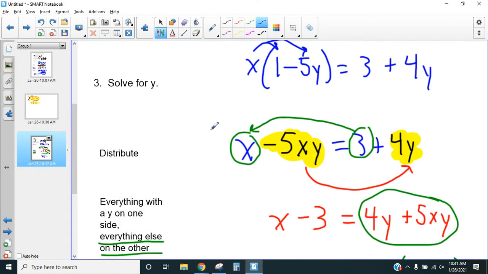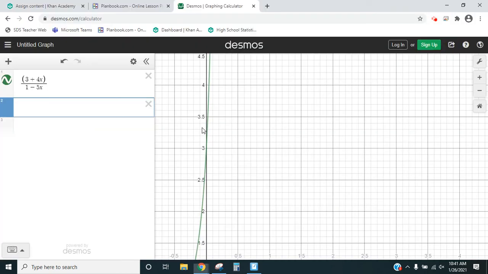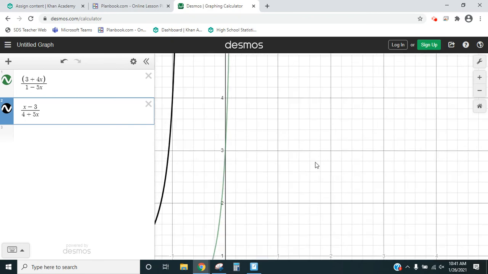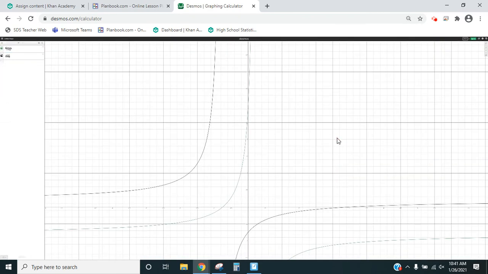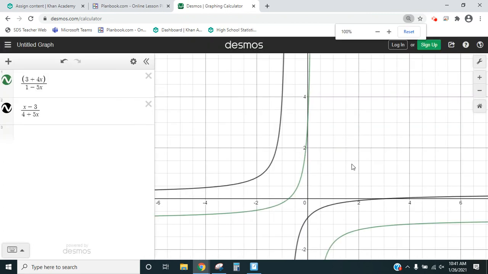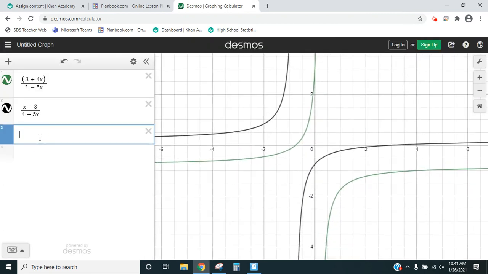That's the answer. X minus 3. Oh my goodness. There we go. Whoa, I did not mean to do that. Sorry, there we go. Now watch what happens when I chart this thing.